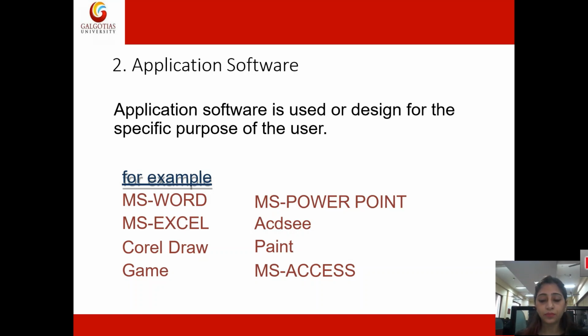Some of the main examples of these application softwares are Acrobat Reader. We have MS Office, which has multiple softwares that are used, and then we have other softwares that can be downloaded and used to manipulate the information, or to get the desired output according to what is required by the user.